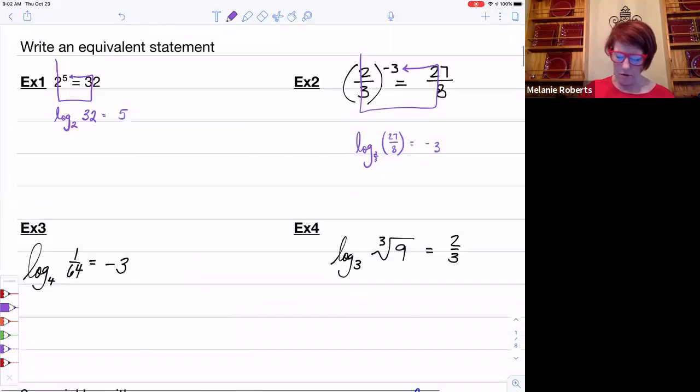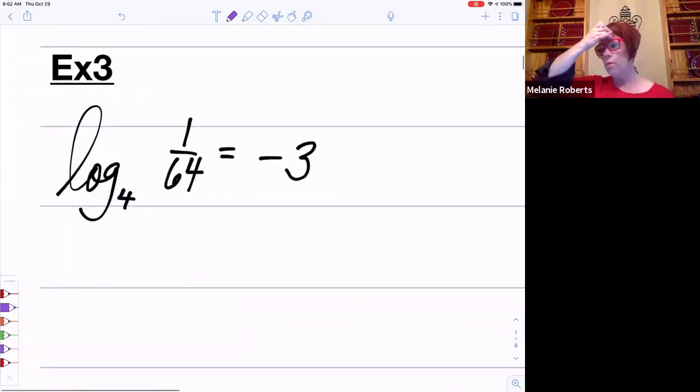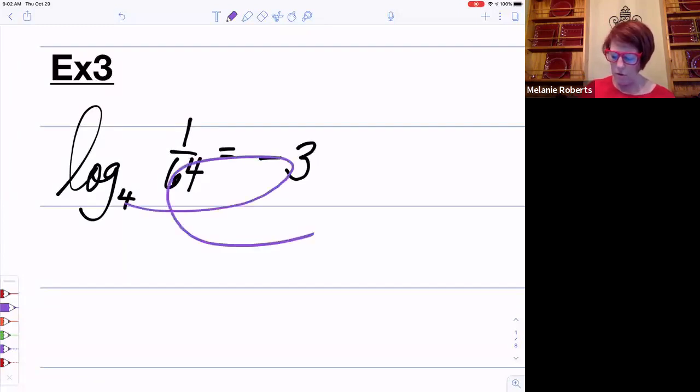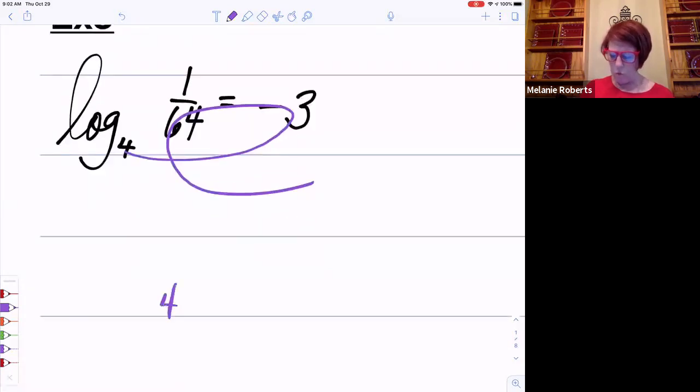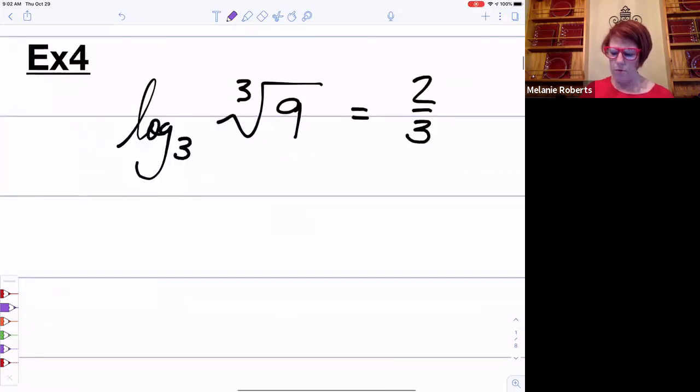Now let's go backwards. This is where we want to take a logarithm and turn it into an exponential, and we'll use the E to do this. So we're going to start with the base of 4. We'll raise that to the -3rd power, and that's going to equal 1/64. And then for example 4, same thing.